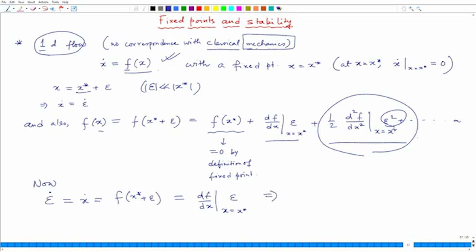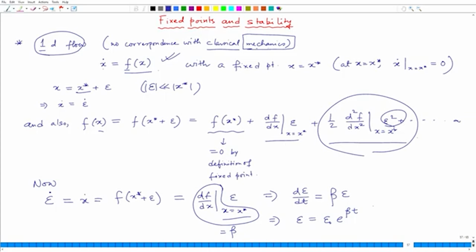So, you have d epsilon dt equal to beta times epsilon, where I call this constant beta, which is df dx evaluated at the point x is equal to x star, the fixed point. So, I can simply say that epsilon will be equal to epsilon 0 e to the beta t.